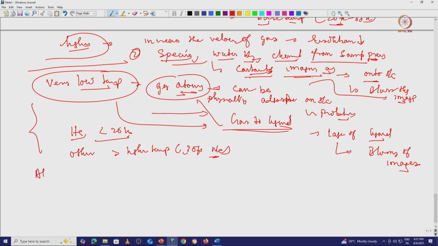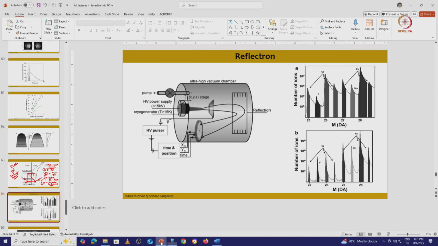If there are alloys, then changing the temperature can induce significant changes in the image quality, changes in the contrast of the image. For example, you can see in this image.